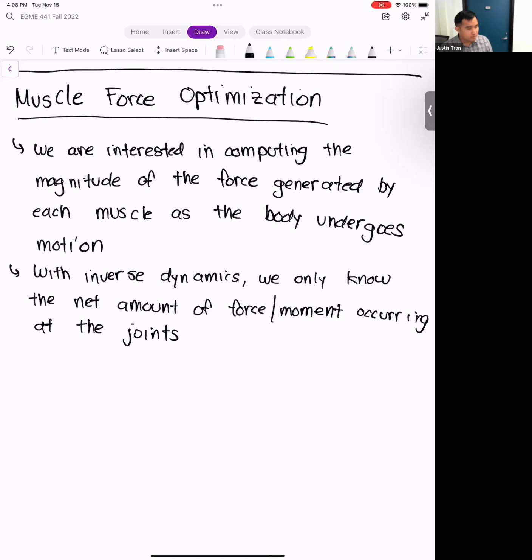And so with that information alone, that's not enough to break it down per muscle.